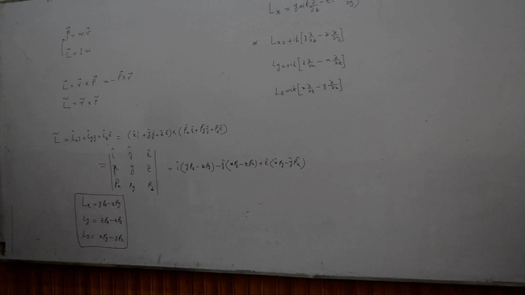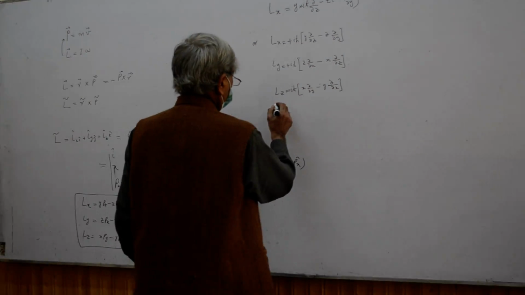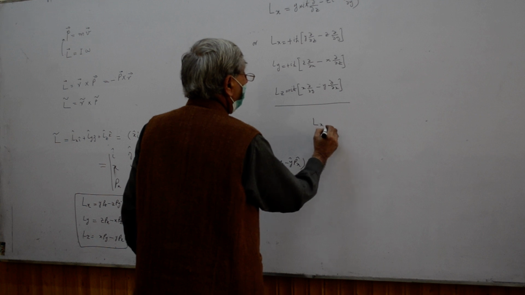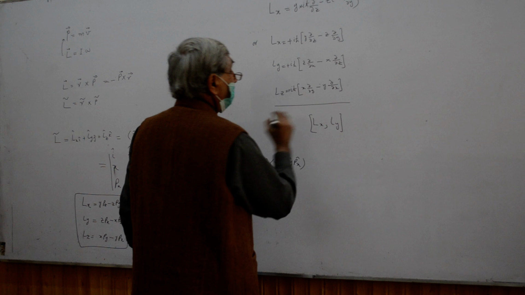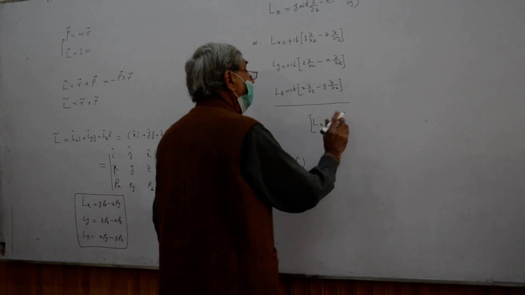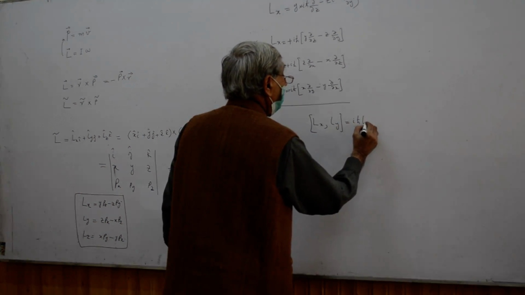equations. Now, it can be shown that Lx and Ly, these two components of orbital angular momentum, they do not commute with each other, and the answer is iħ Lz.